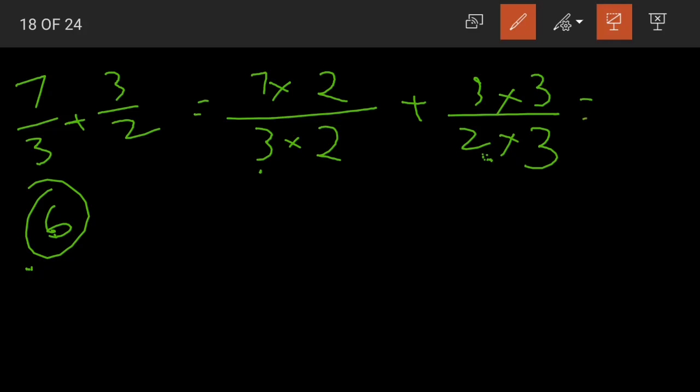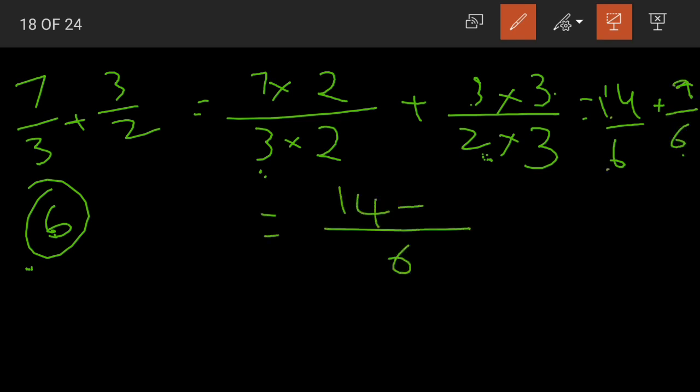Yes. Now 7 2s are 14 divided by 3 2s are 6, plus 3 3s are 9 divided by 6. Yes students. Now these two are like fractions, so we can simply add the numerators and write the denominator. 14 plus 9 becomes 23 divided by 6. Now what is the result of addition of the mixed fractions?